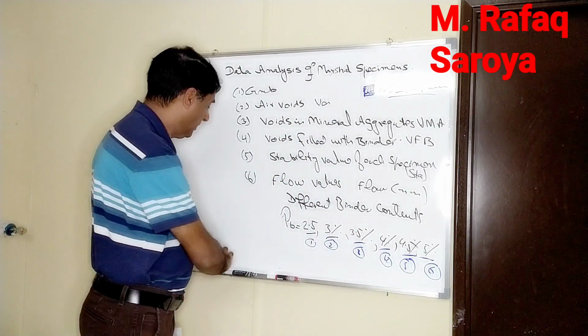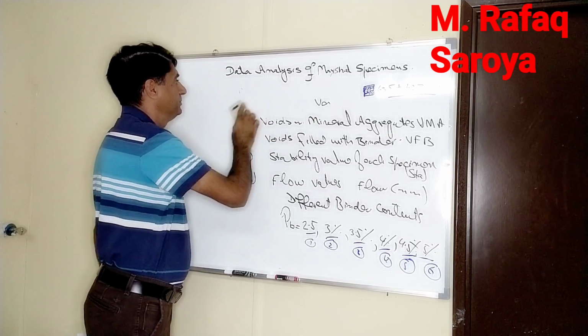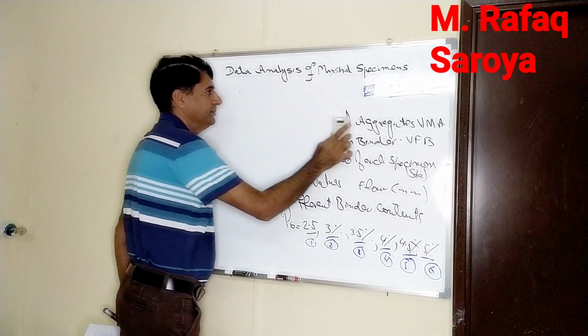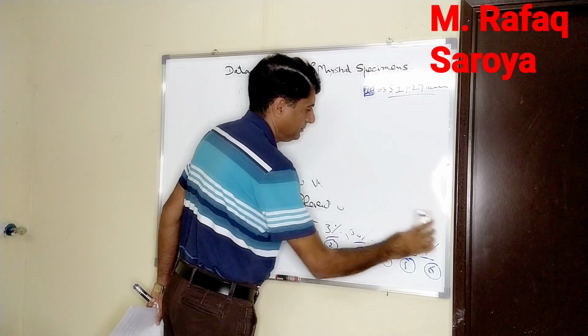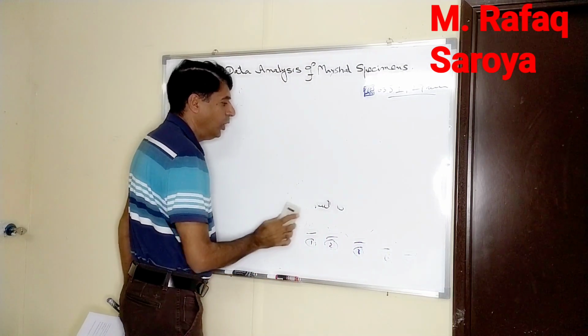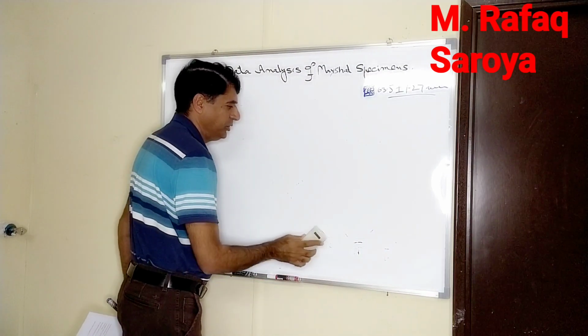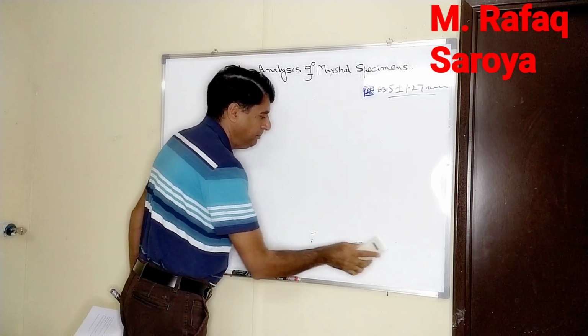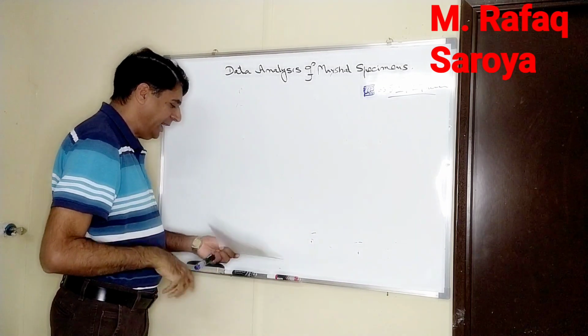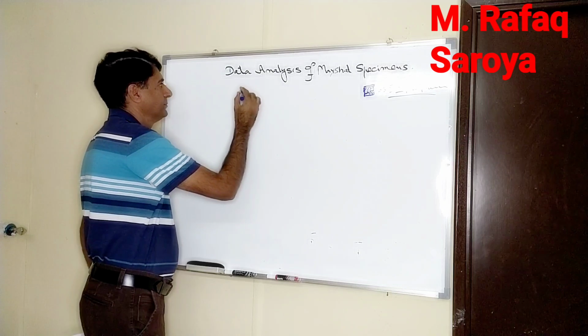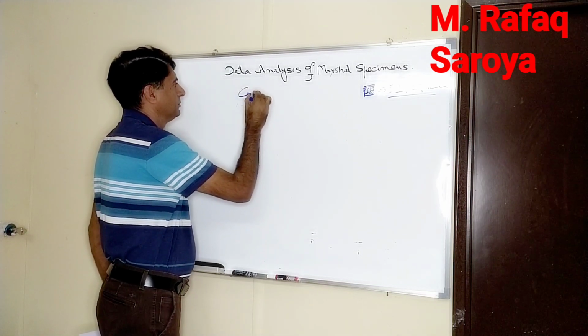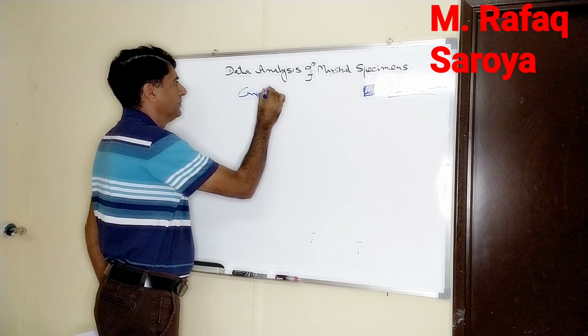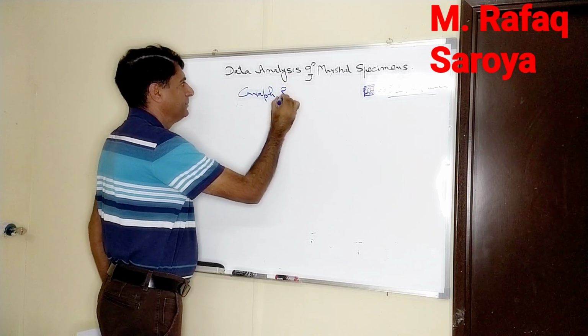Here I would like to tell you one thing. What will I do? How will I reach the conclusion of our mix design? It means I will have to plot a graph from data.